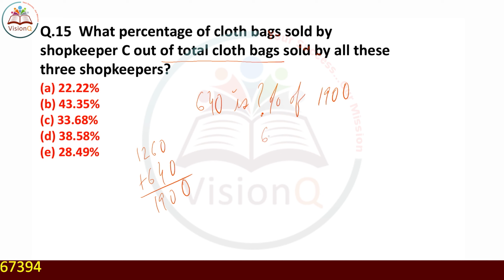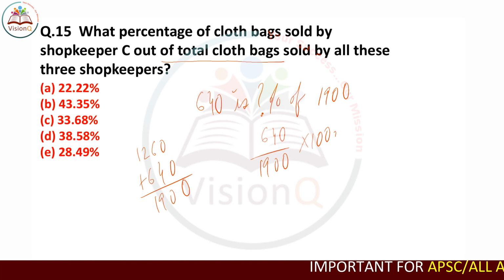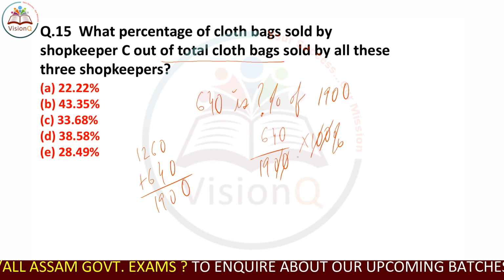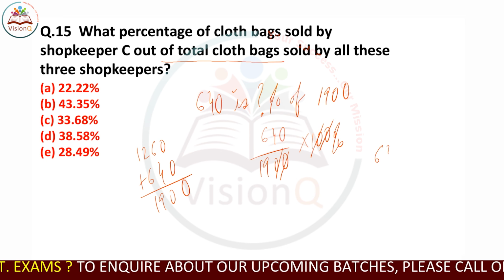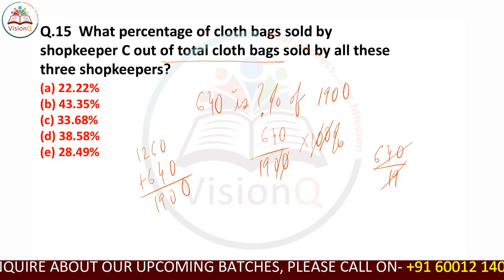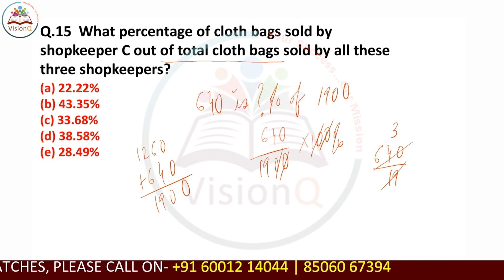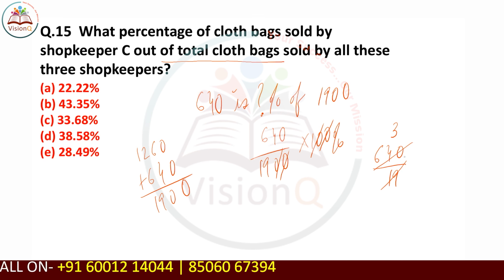So how to find it? 640 divided by 1900, into 100%. The zeros will cancel out. Then try to find the answer from here. All the options are in decimals. If I divide 640 by 19, 19 3s are 57, 70 will remain, then 19 3s are 57.